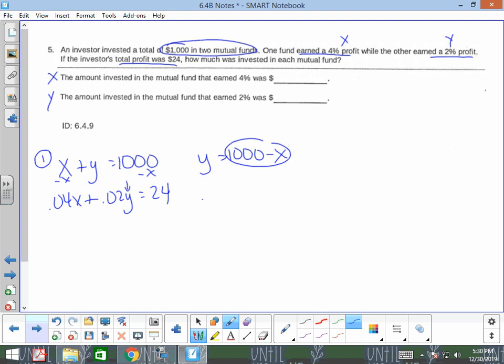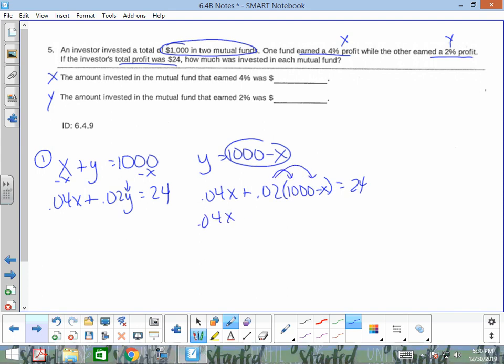So this will be 0.04x plus 0.02 times 1,000 minus x equals 24. Do the distributive property. 0.04x plus 20 minus 0.02x equals 24.